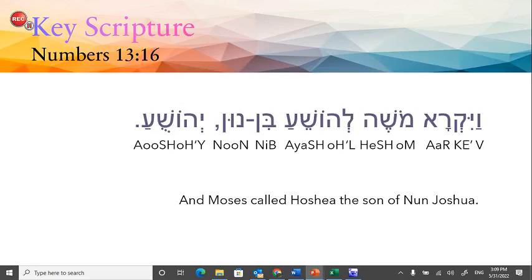This comes from Numbers chapter 13, verse 16. And this is the last part of that verse, where it says, "And Moses called Hoshea, the son of Nun, Joshua."